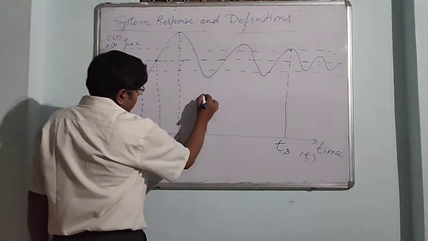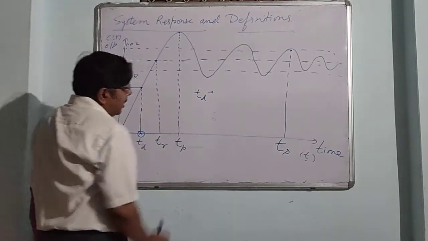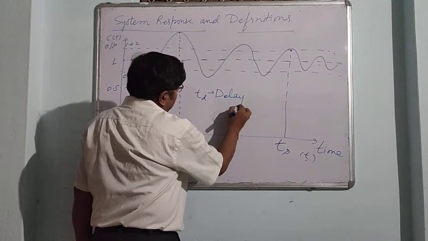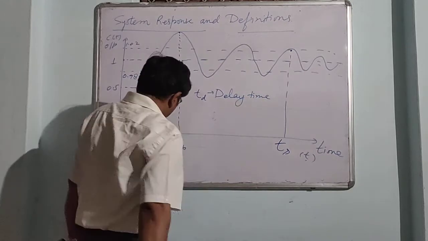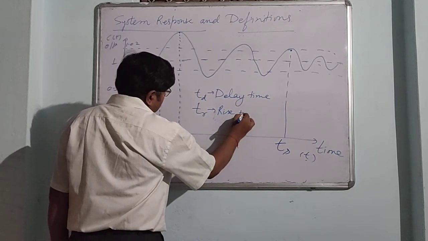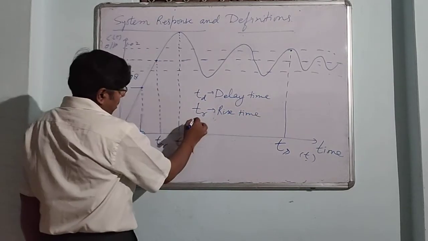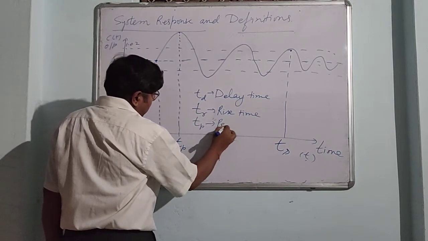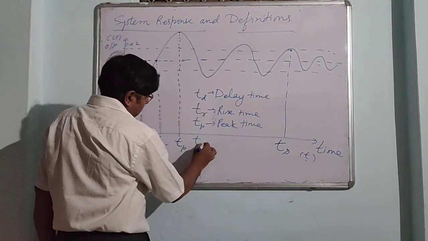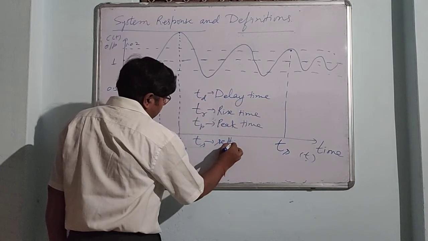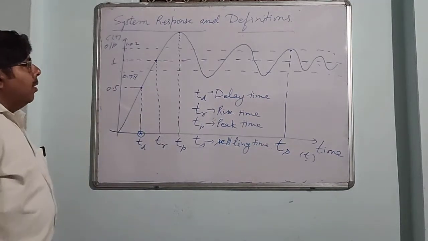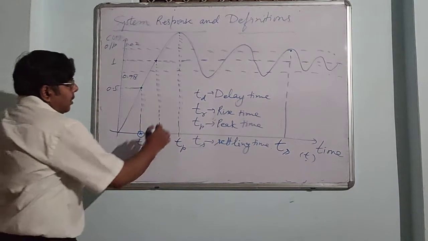So what is this? td is called the delay time. This is the rise time. tp is the peak time, and this is the settling time. So what is delay time?